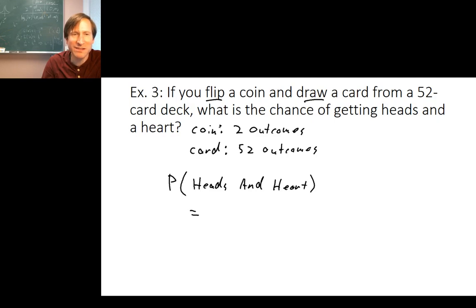Well, because these two parts of this experiment don't influence each other, these two events are independent. So to calculate the probability of getting a heads and a heart, we can find the probability of getting a head and just multiply by the probability of getting a heart.